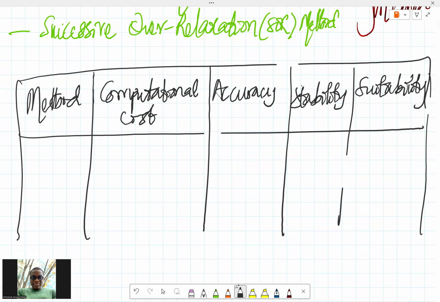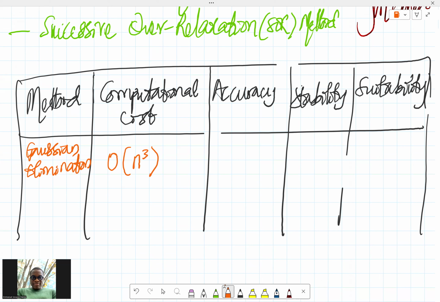So let's start with the first one. Let's talk about Gaussian elimination. What is the computational cost for Gaussian elimination? It is cubic in nature, so the time complexity is O(n cubed). That's something in computing to show how fast it converges.